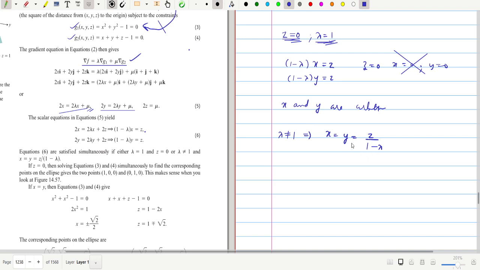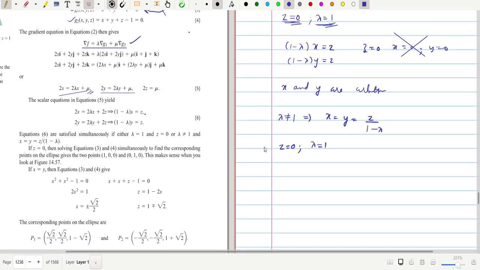Okay, so in this case, when z equals 0, we write it as z equal to 0 along with lambda equal to 1. We write the equations and solve these two equations. In this case, we consider g1 and g2.